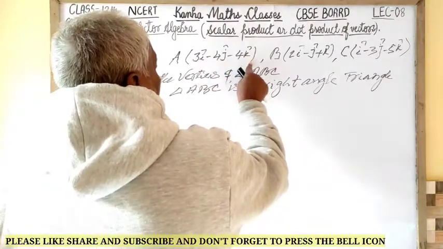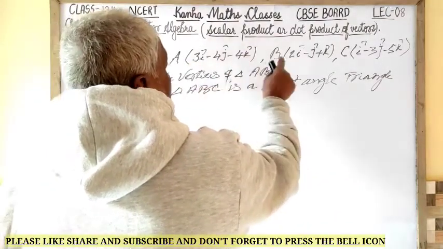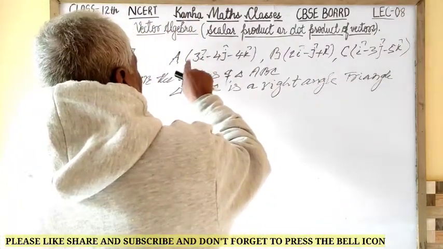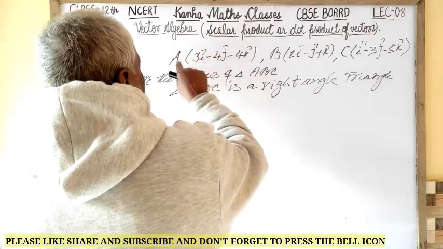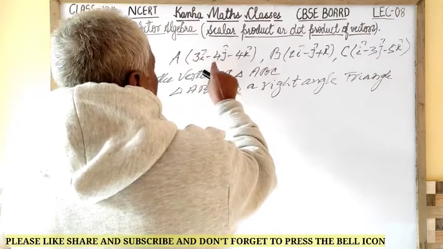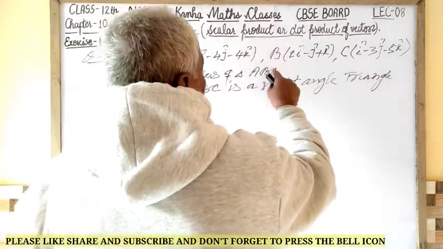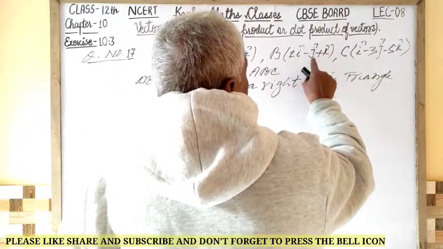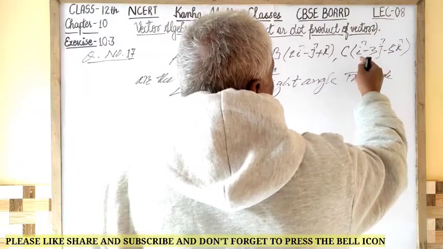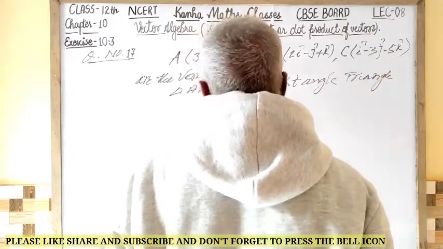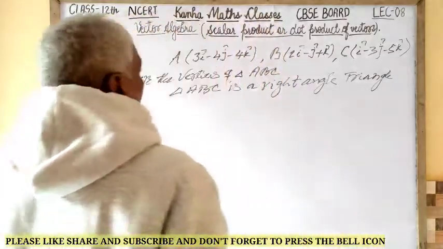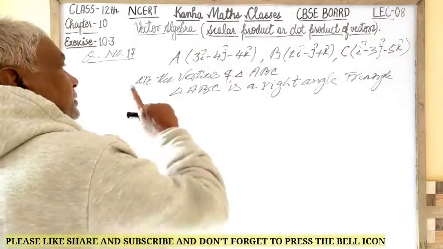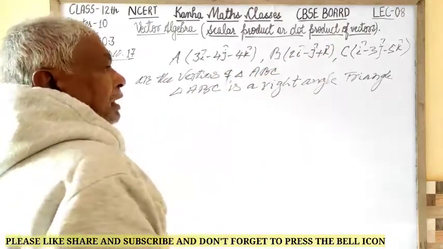The position vector of vertex A is 3i minus 4j minus 4k, that of vertex B is 2i minus j plus k, and of C is i minus 3j minus 5k. You have to prove that the triangle whose vertices are given here is a right angle triangle.